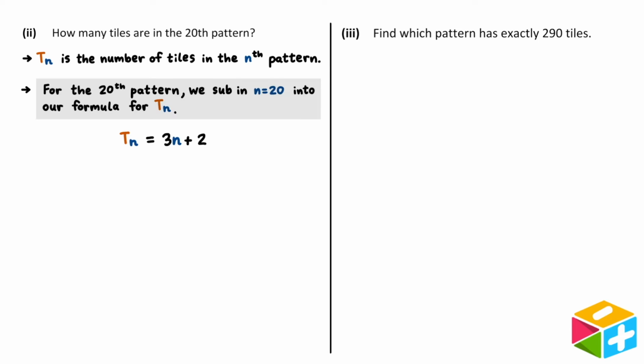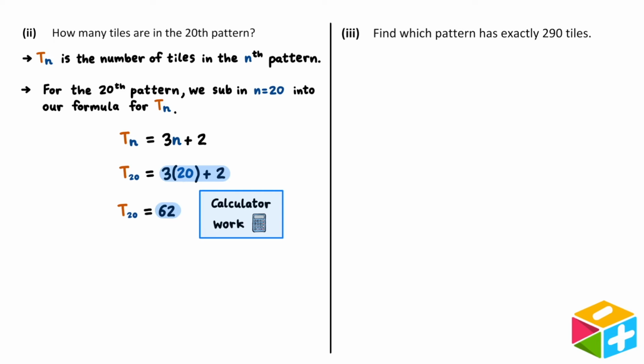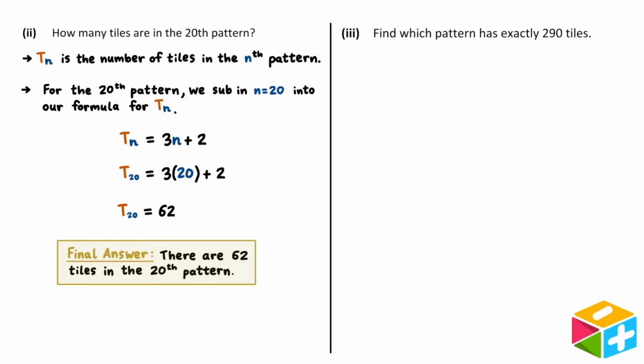If we want the number of tiles in the 20th pattern, we should sub in n equals 20 into our formula for Tn. We found that T20 is equal to 62. So our final answer is that there are 62 tiles in the 20th pattern.